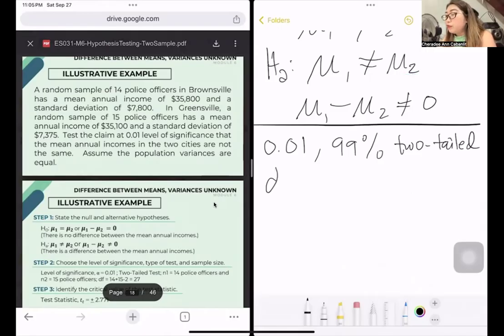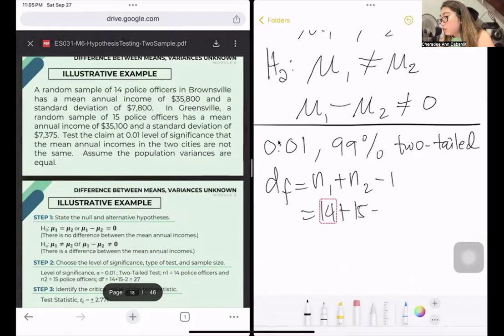So you will compute the degrees of freedom, knowing that the variances are equal because there's an assumption that the population variances are equal. So N1 plus N2 minus, sorry, not minus 1, minus 2. That's 14 plus 15, which is 29, minus 2, so 27.